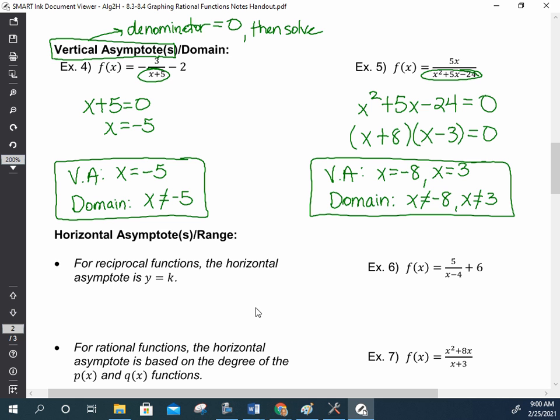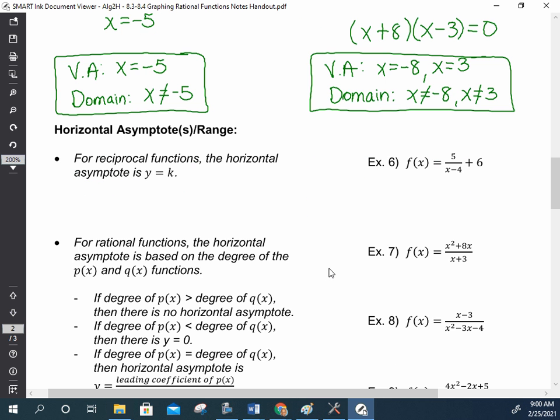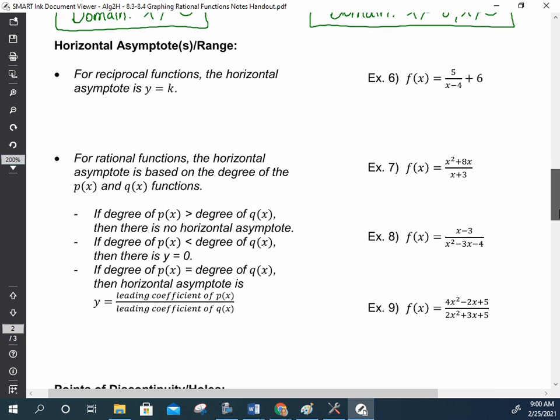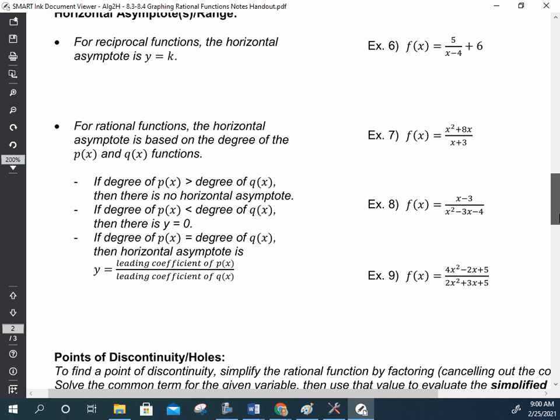Questions on vertical asymptotes? All right, then let's switch to horizontal asymptotes. These are the things associated with the range.